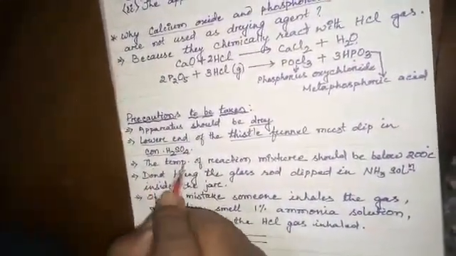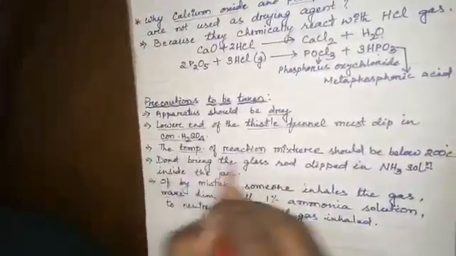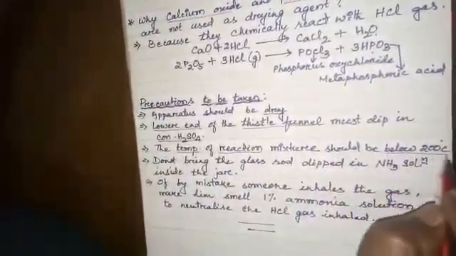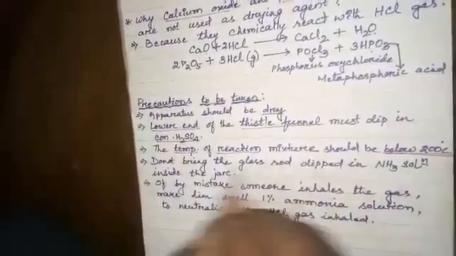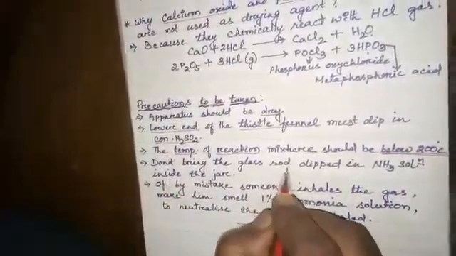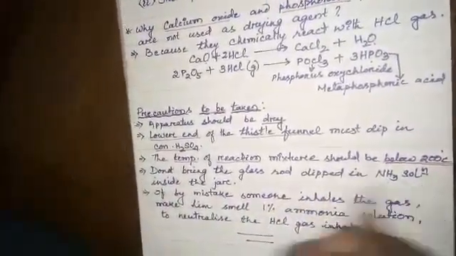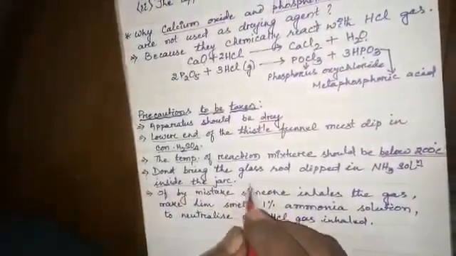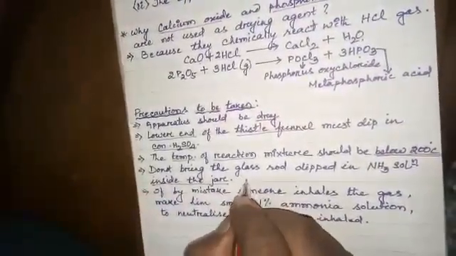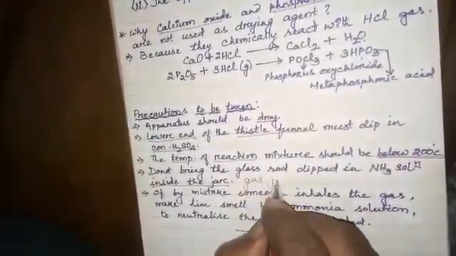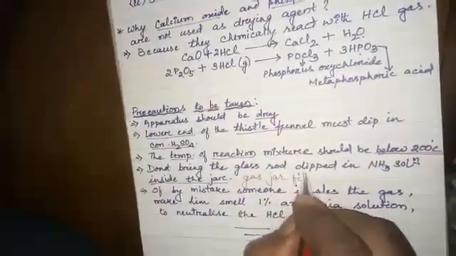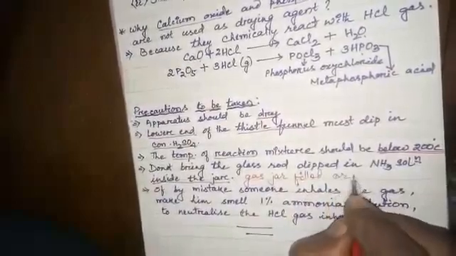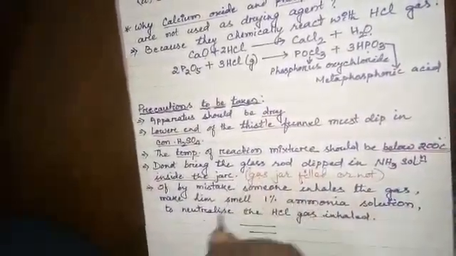The temperature of the reaction mixture should be below 200 degrees centigrade; we have to observe that. Don't dip the glass rod in ammonia solution inside the gas jar when identifying whether the gas jar is filled or not; bring it near the mouth.